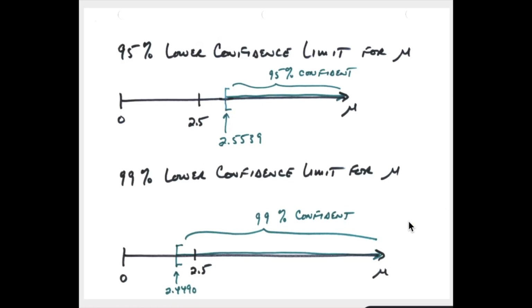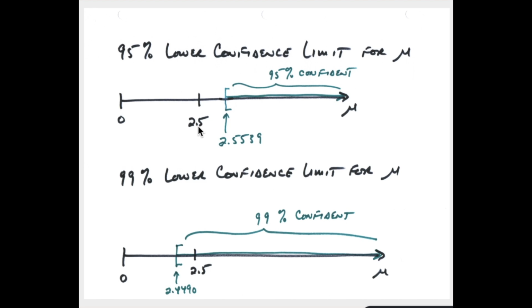Now, a picture that summarizes what we just did in constructing a 95% lower confidence limit for mu and a 99% lower confidence limit for mu is shown on this page. Here I've got that part of the number line where mu can reside, and this 2.5 right here was the threshold that we were looking for.